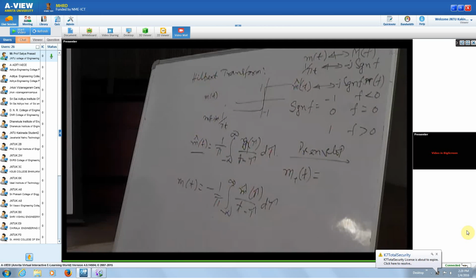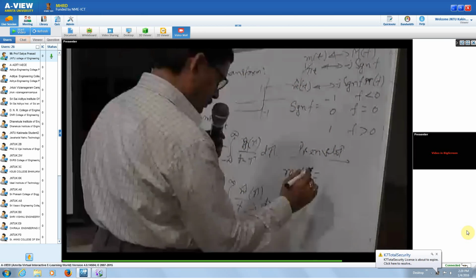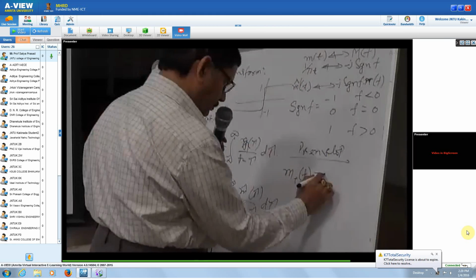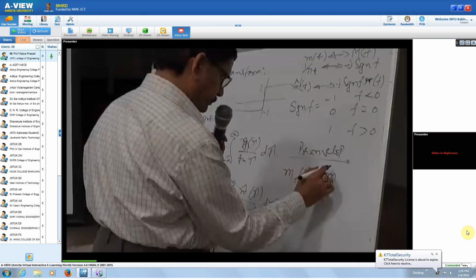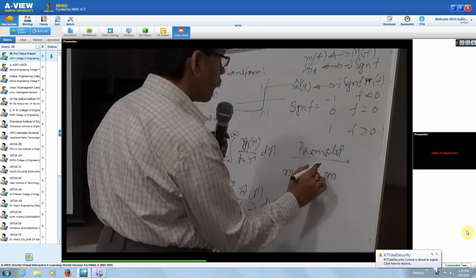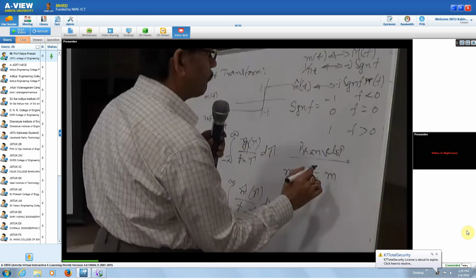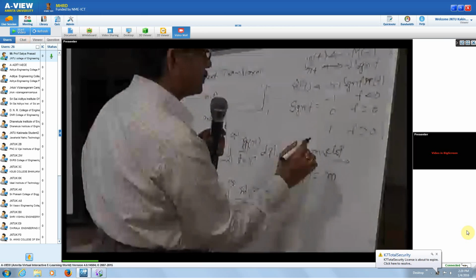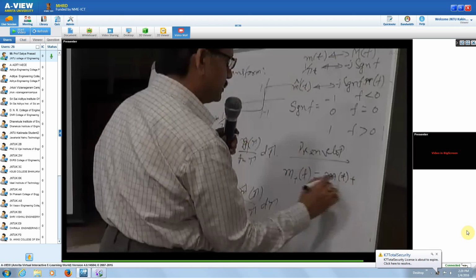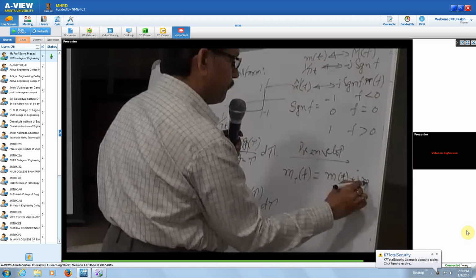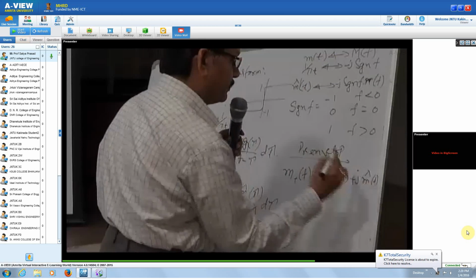So we are defining the pre-envelope of the signal m of t, and this will be equal to m of t plus j m hat of t.